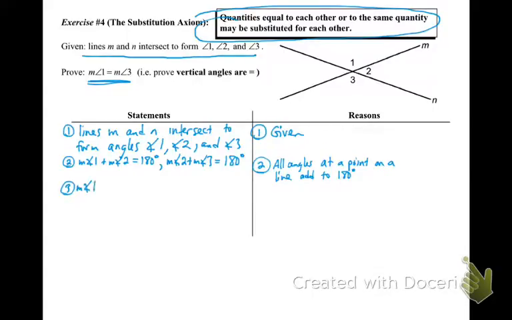So I can write the line, measure of angle 1 plus the measure of angle 2 is equal to the measure of angle 2 plus the measure of angle 3. Because I took that second equation, the angle 2 and angle 3 added together, and substituted it into the 180 degrees in the first equation. So the reason for line 3 is the substitution axiom.